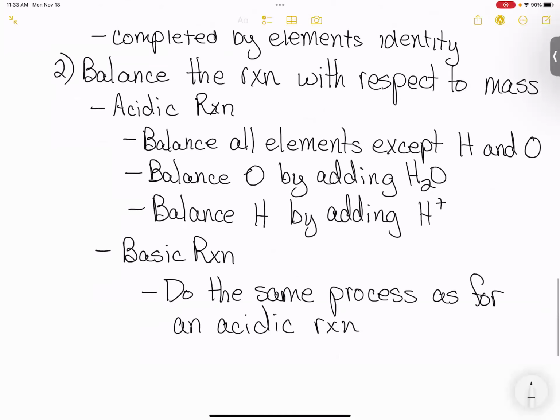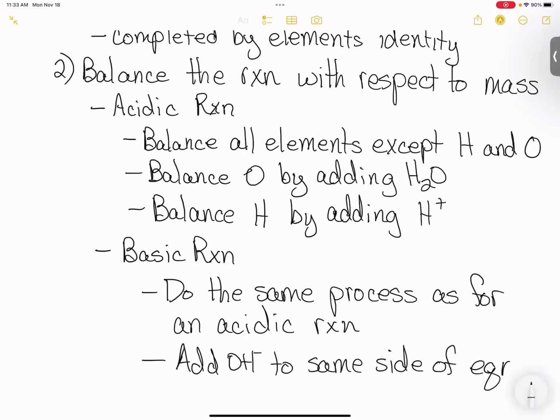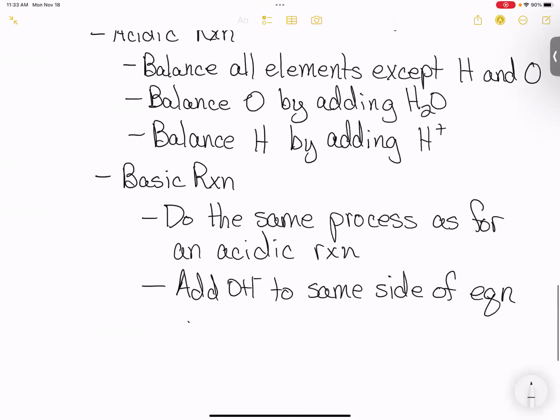But then you add OH minus to the same side of the equation as H plus to neutralize the H plus.